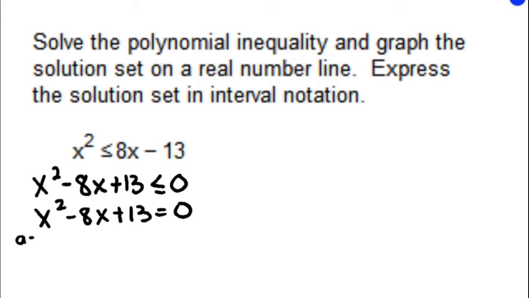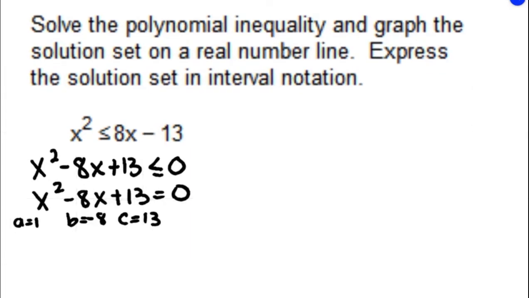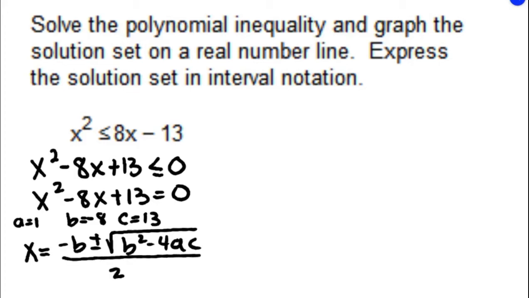A is equal to 1, B is equal to negative 8, and C is equal to 13. The quadratic formula is x equals negative b plus or minus the square root of b squared minus 4ac, all over 2a.